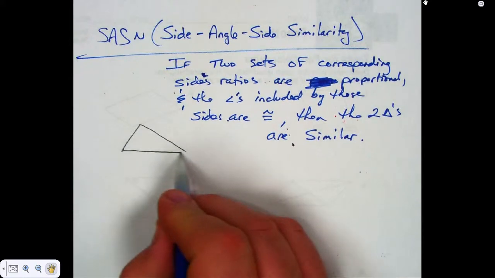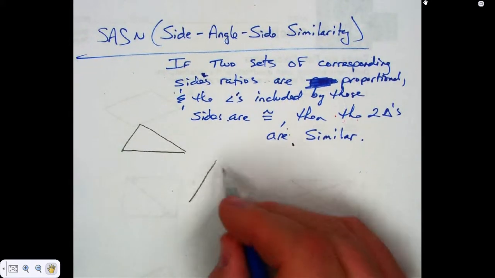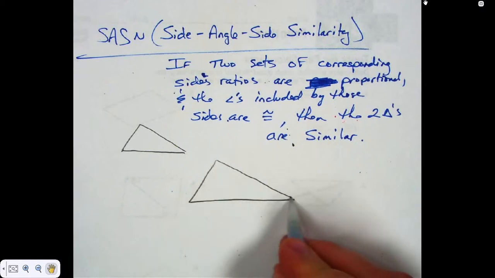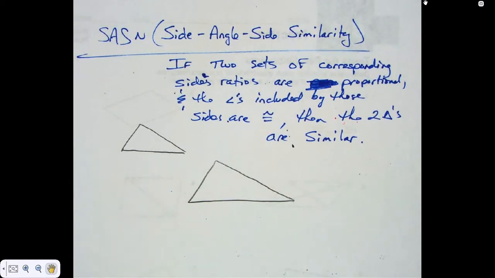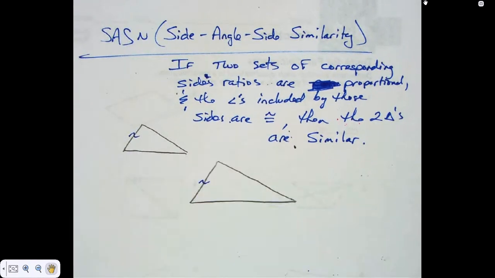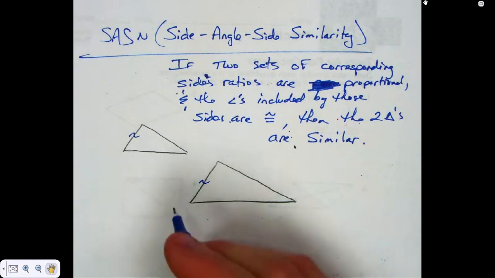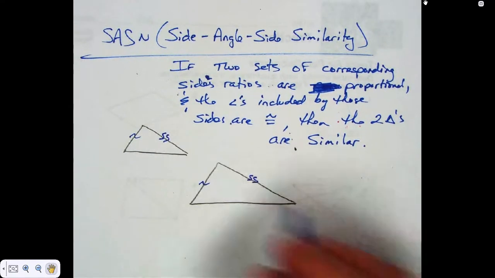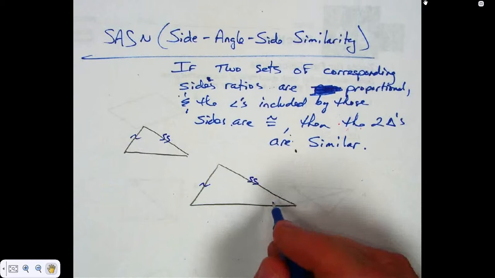It's kind of a pain to write that one down. Okay, it's basically just like side angle side congruency, except instead of these sides being congruent, they're proportional. These ratios are the same.